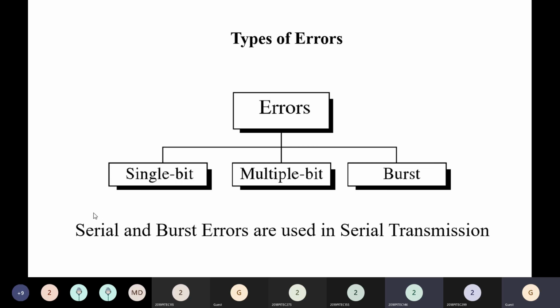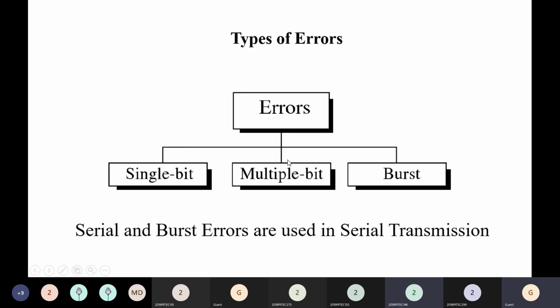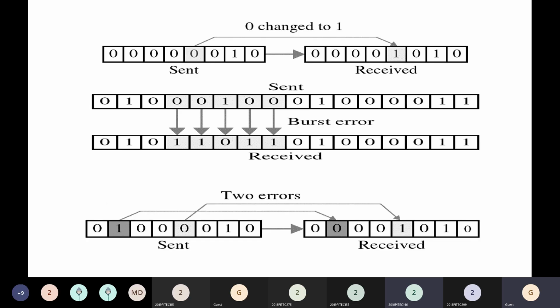Most probably these errors are prone to occur in serial transmission. So you can have a single bit or multiple bits prone to errors or burst errors.